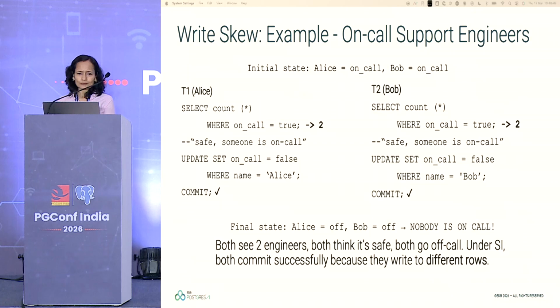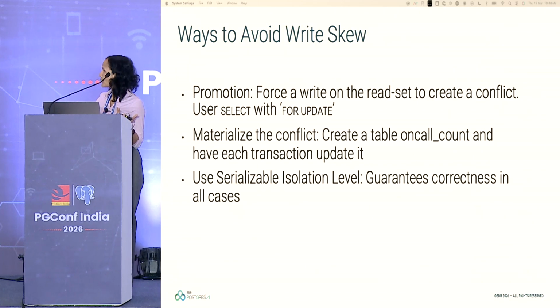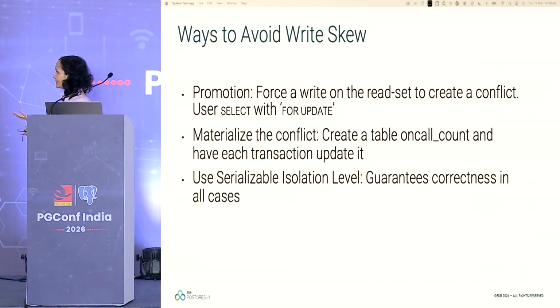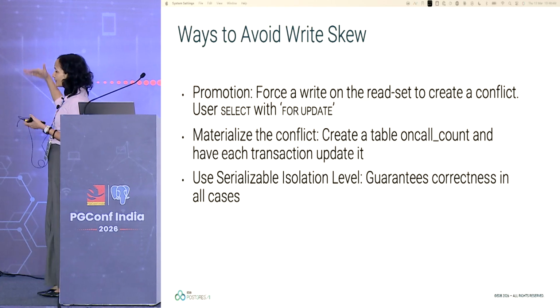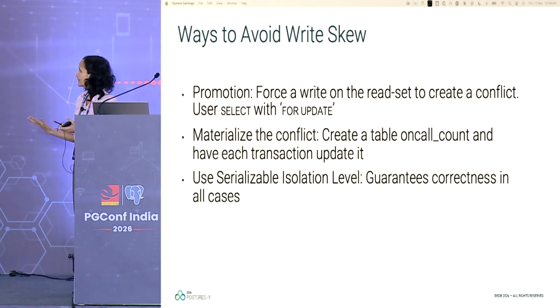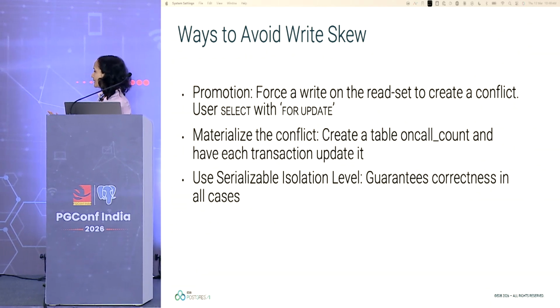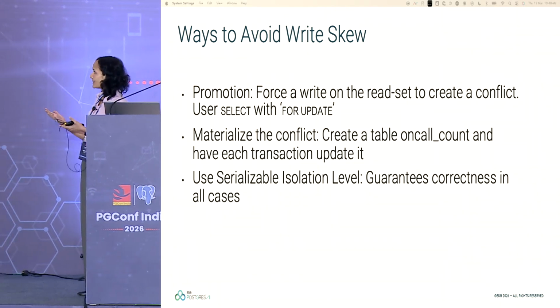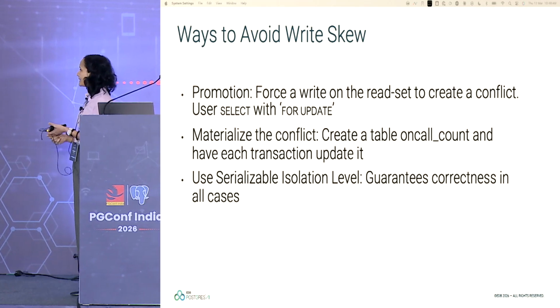So the ways that people could use to avoid write skew is, we could artificially create a conflict by using select with for update, which will cause one of the transactions to be blocked till the other one completes. The other way is to explicitly materialize the conflict by, say, forcing them to update the same row on a table, like creating a table on call count and have each transaction update it.